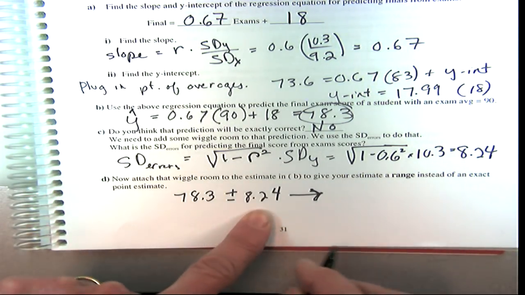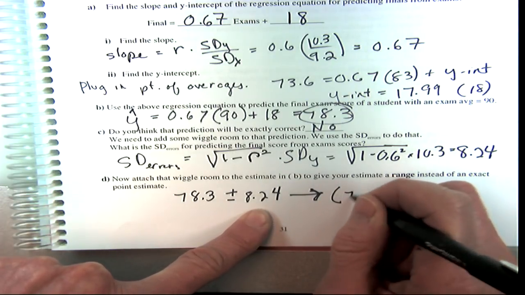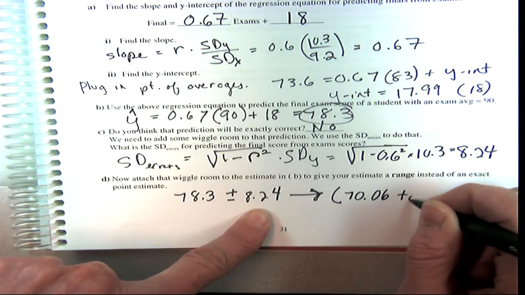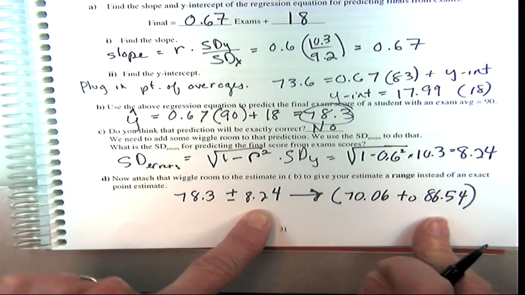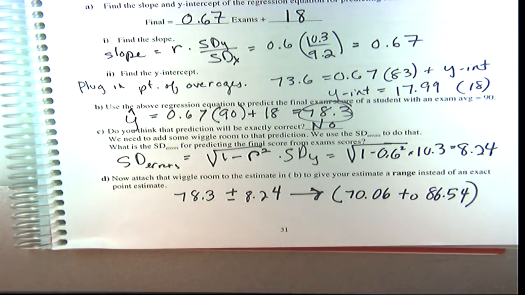You subtract 8.24 and add 8.24, and the range then is 70.06 to 86.54. That's enough to do the homework for Wednesday. And then we're going to start doing inference for regression.